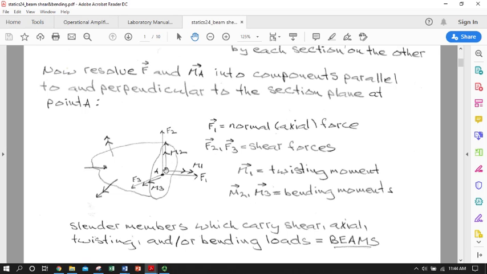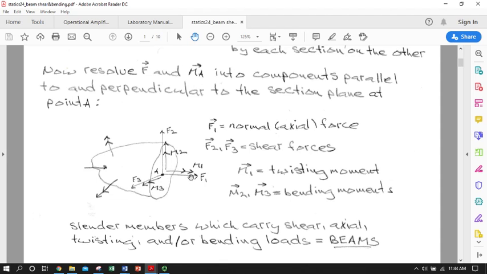Same thing with the moment. We can define the moment vector as having one component perpendicular to the cut section and then two other components that are orthogonal to each other, parallel to the cut section, and therefore orthogonal to the first. So F sub 1 ends up being the normal or axial force, so it's going to be the one that is either putting this body into effective tension or compression, and F2 and F3 are both shear forces, again in opposite orthogonal directions.